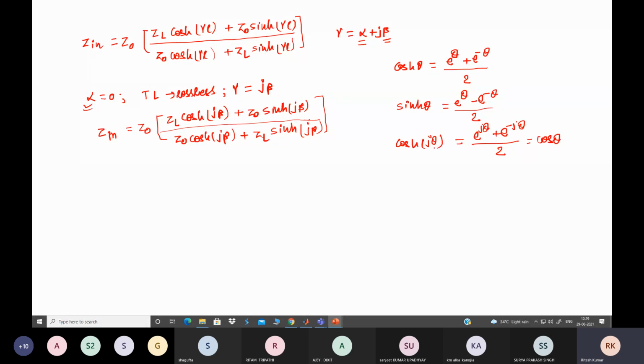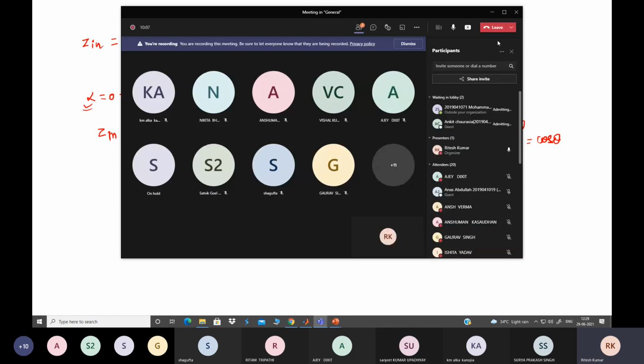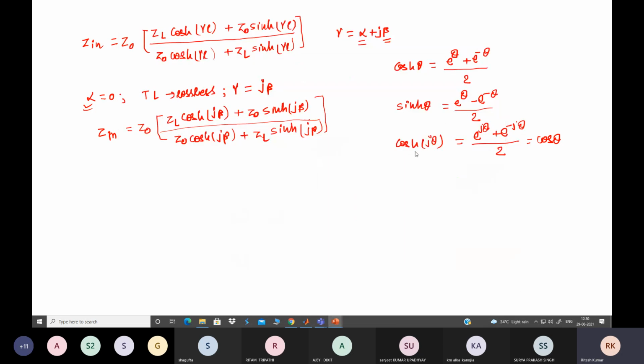So cosh j theta, if we have an imaginary argument inside this cosh term, we can remove the hyperbolic and directly write cos theta. Similarly, what about sinh j theta? We can write e to the power j theta minus e to the power minus j theta divided by 2, and when you solve this we get j sine theta. So we will use these two expressions to further simplify the expression of input impedance.